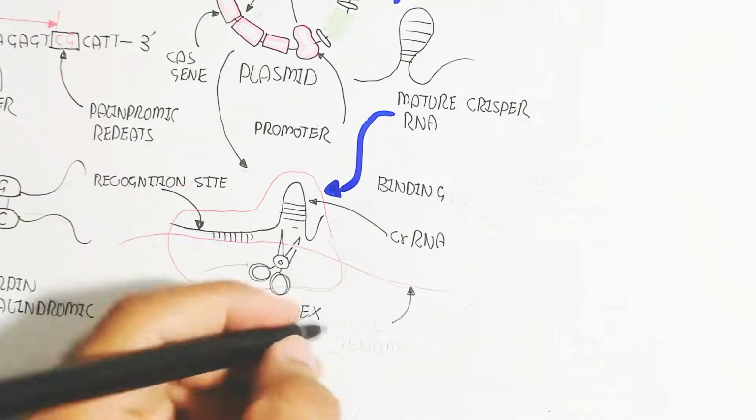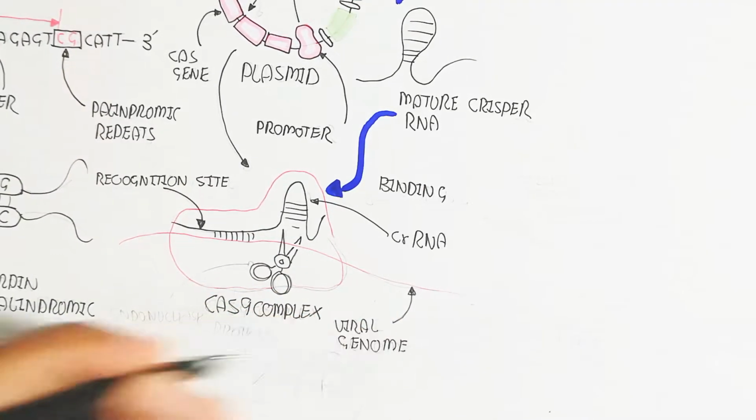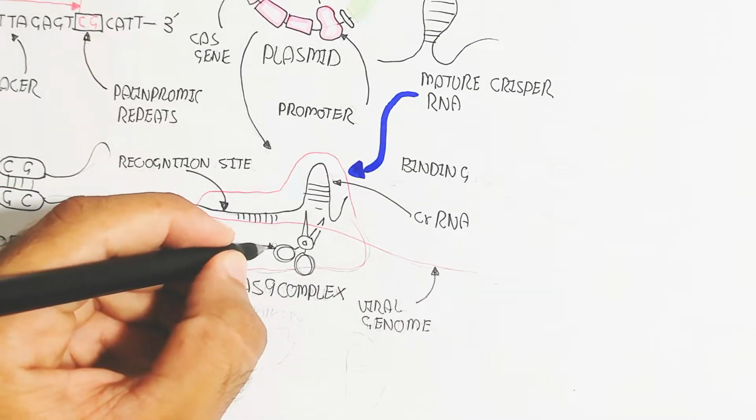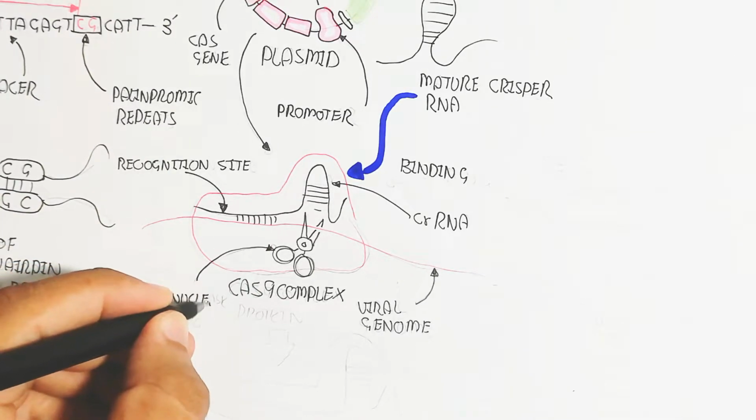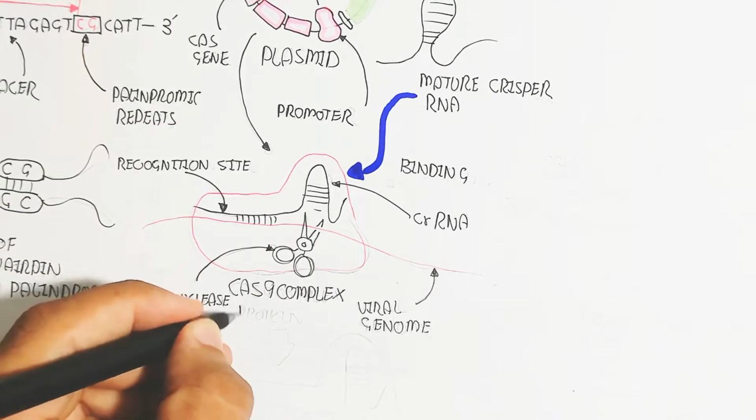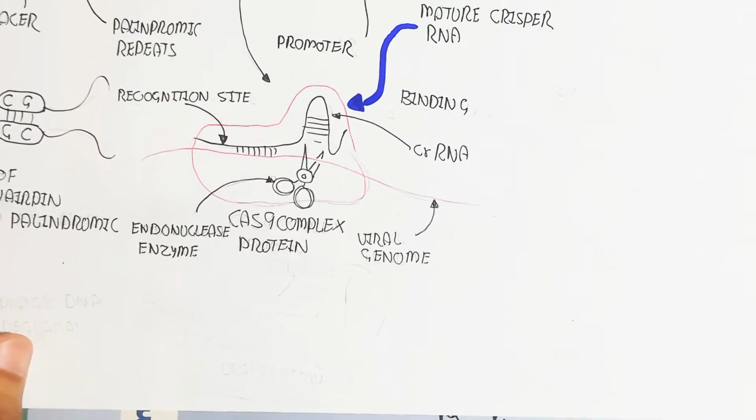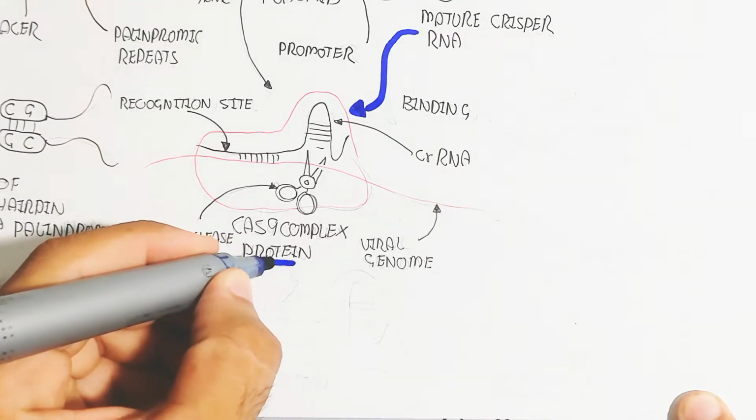After the viral genome cutting comes degradation of the viral genome, and in this way viral disease and viral replication of the genome will be impossible.